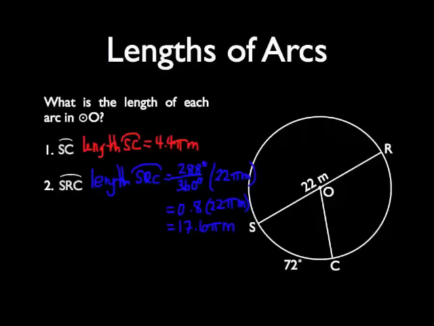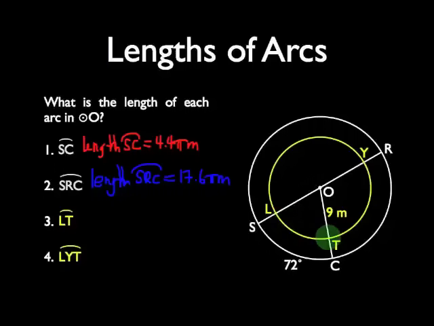Now remember that the size of a circle does not affect the measure of the arcs. However, the size of the circle does affect the length of arcs. For example, arc LT has exactly the same measure as arc SC, 72 degrees. Because the central angle has a measure of 72 degrees, the arcs have the same measure. However, notice that the radius of circle O with radius OT is different.